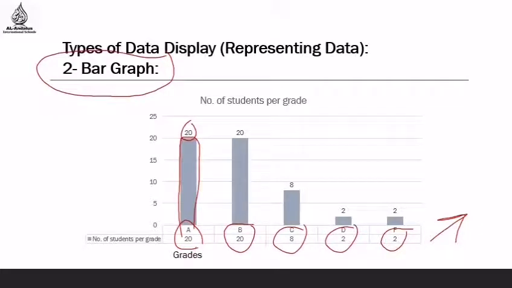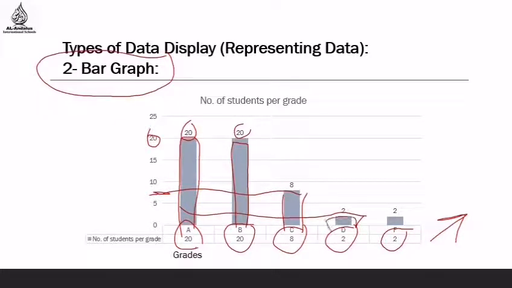Like this, I represented A. For B, it's 20, so I'll put a point at 20, and then I will make a bar. Here, I come at 8, and then represent it in a bar. And then here I'll come at 2 and represent it with a bar.